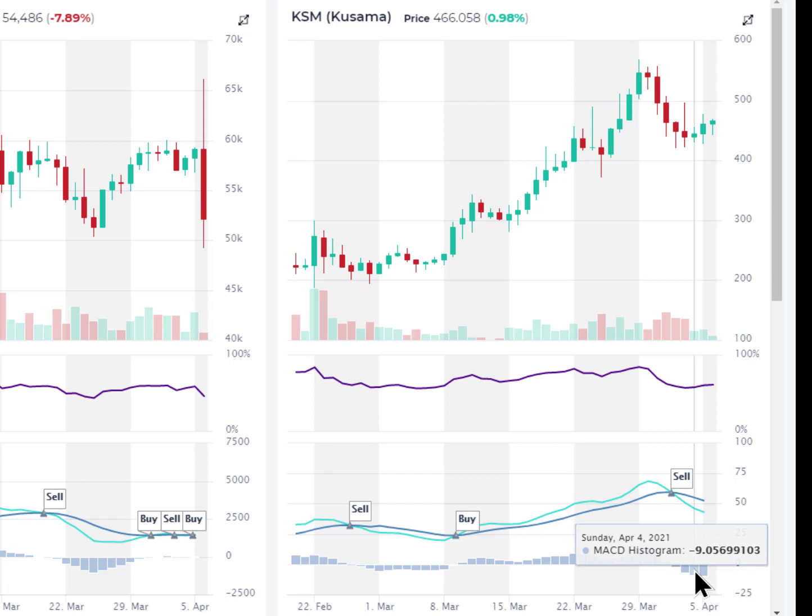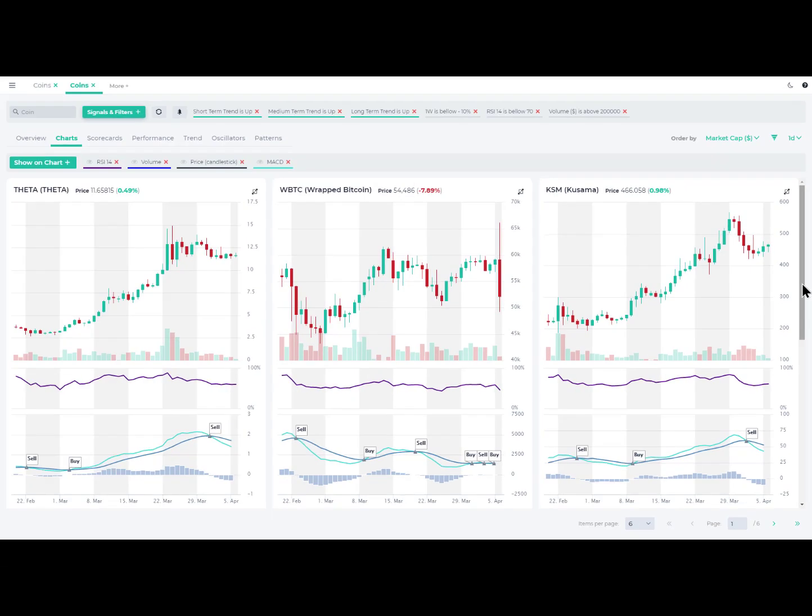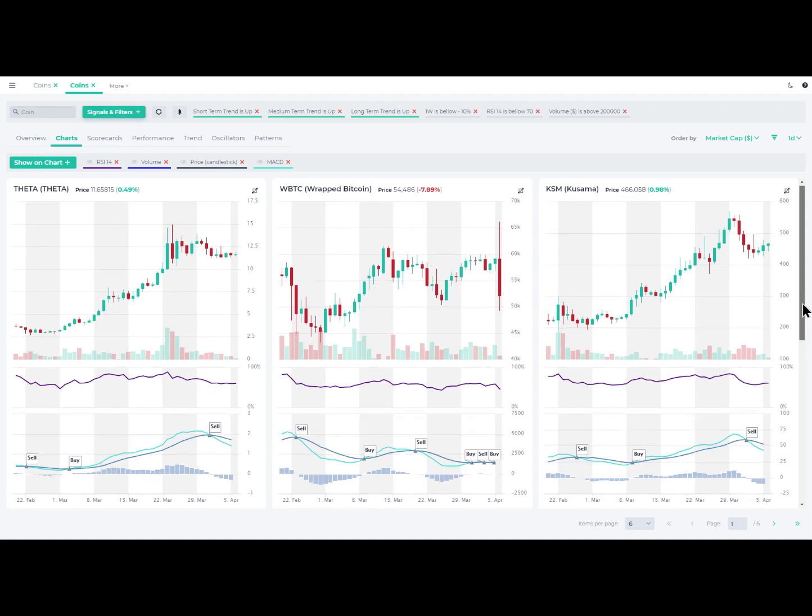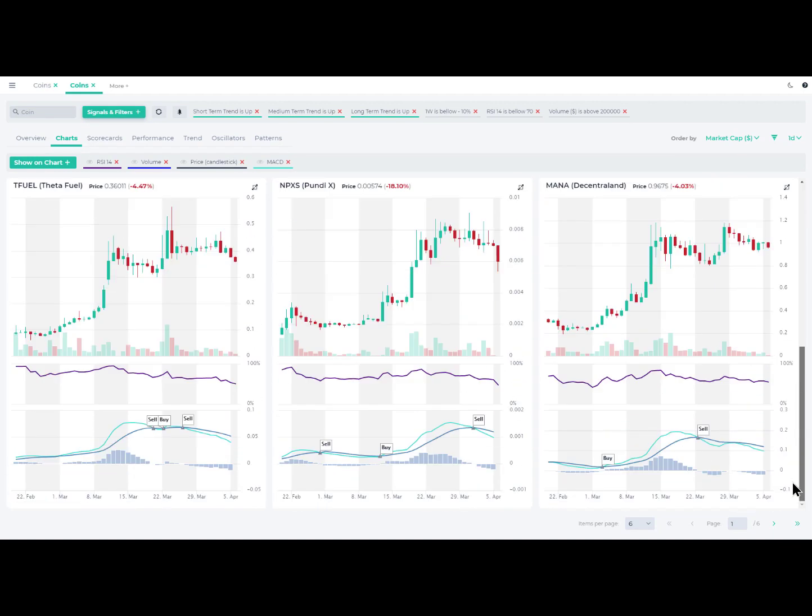MACD hasn't quite troughed. You can see the MACD histogram still hasn't ticked in the opposite direction. So maybe not quite prime, but I would probably take a chance with that, being a little more aggressive than average. And if I continue, T-Fuel is another situation that could be of interest.